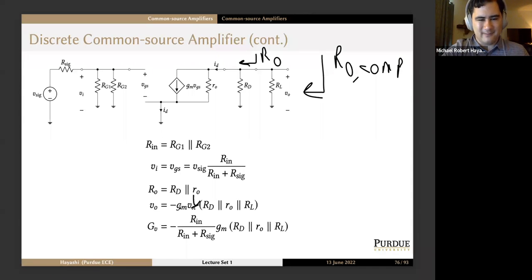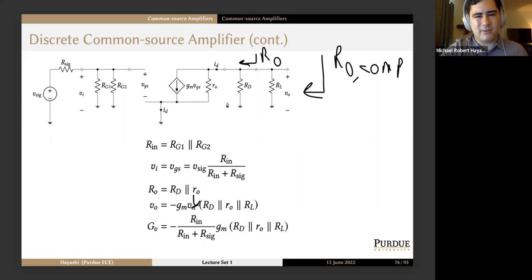So minus GMVI, RD in parallel with RO in parallel with RL. And then GV is the overall voltage gain. So that's our input voltage divider, Rn over Rn plus R sig, times negative GM, RD in parallel of RO in parallel of RL.